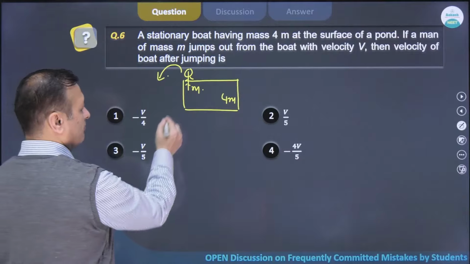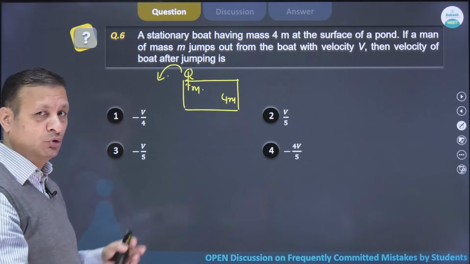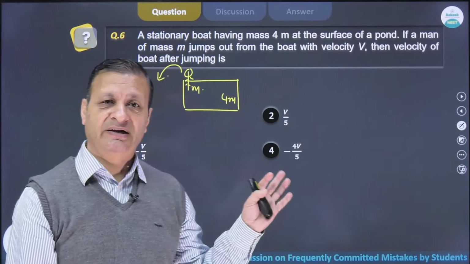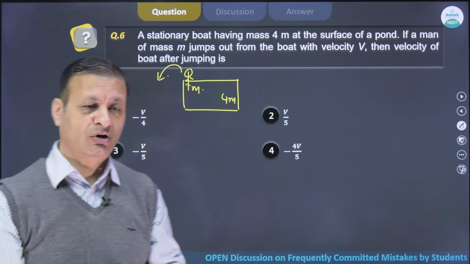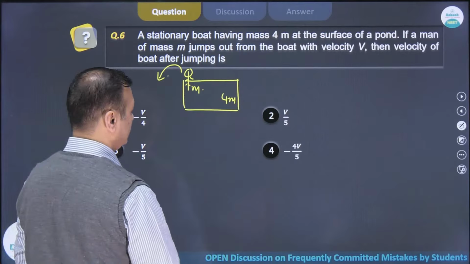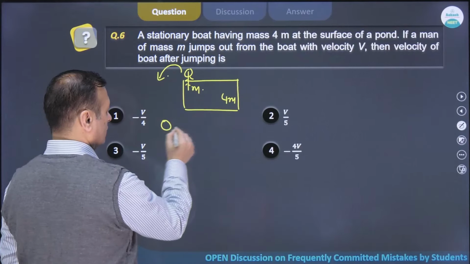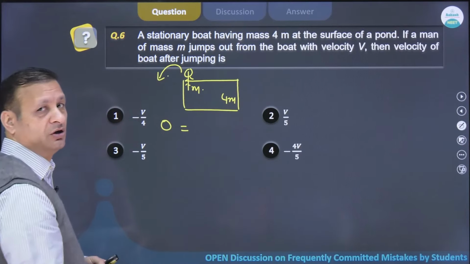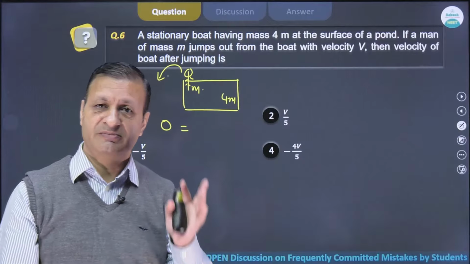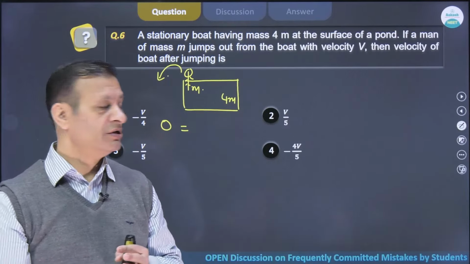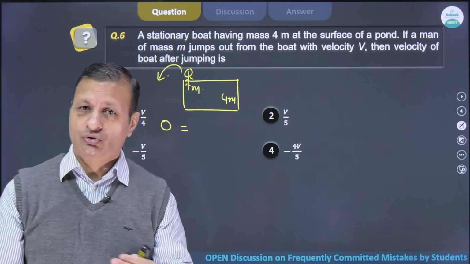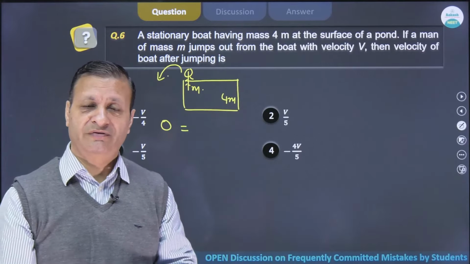The boat with mass 4m and the man of mass m are on the boat, so initially the momentum of the system is 0. There is no external force, so momentum will remain conserved.